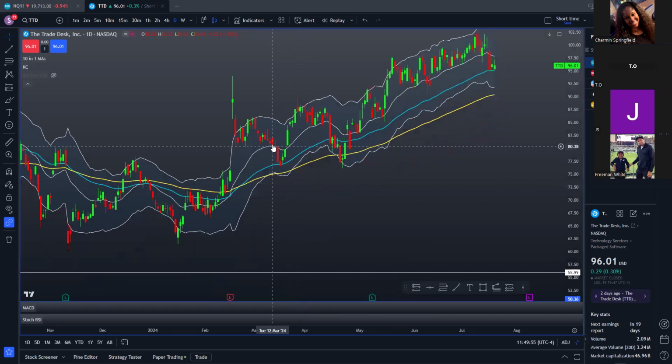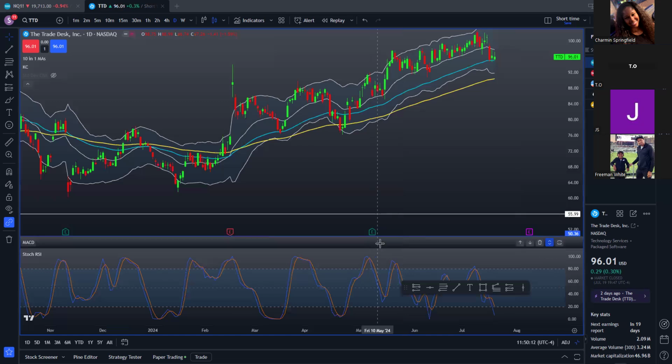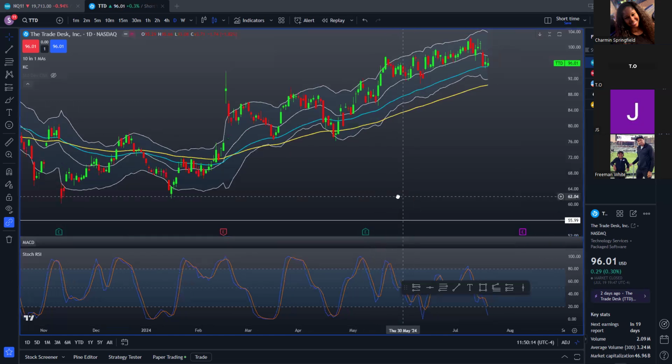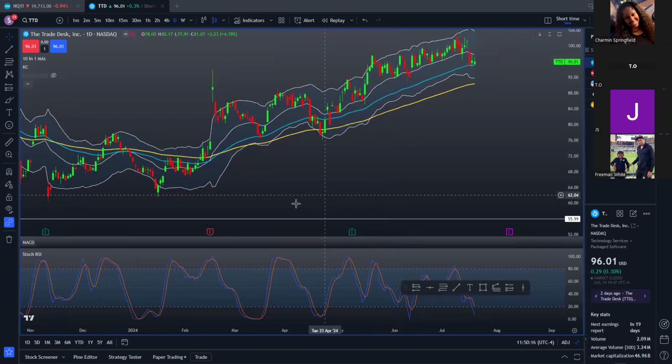So we want to wait, and I've added a couple of other little nuances to it for myself for extra confirmation. And we always like that extra confirmation. I love my stochastic and my MACD, right? But I'm not even going to put on a MACD right now, I'm just going to put on the stochastic, and I want to show y'all what I noticed.